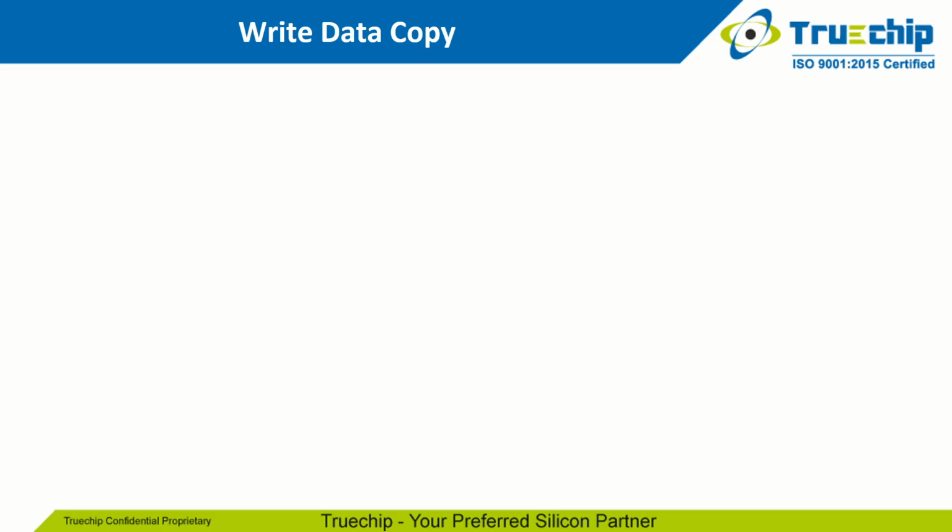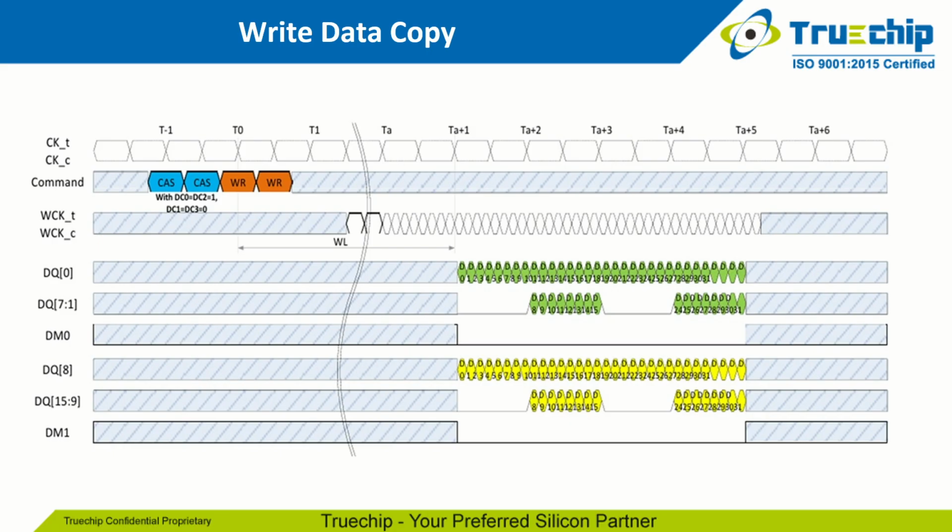Now let's understand deeply with the help of a waveform how the write data copy function is performed in memory. Here we can see the cache command followed by the write data copy command with DC0 and DC2 equal to 1 and DC1 and DC3 equal to 0.